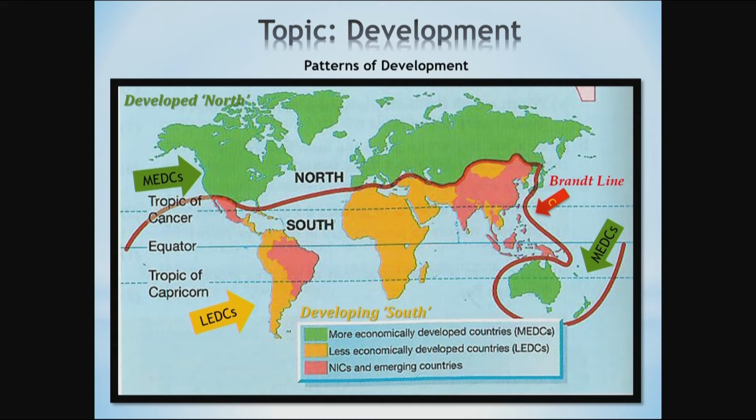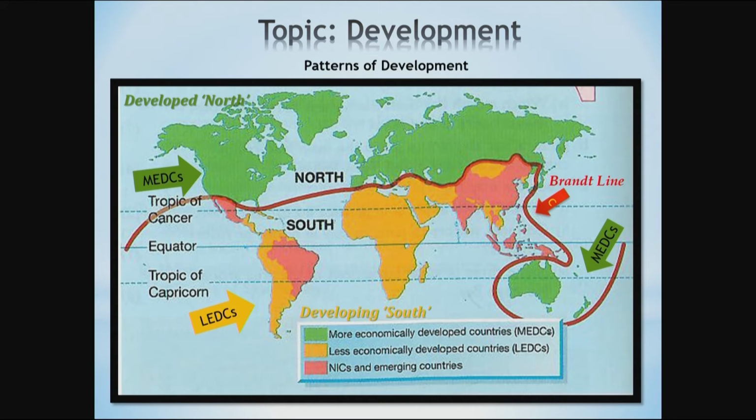Many countries in the poor South have become more developed since the 1980s, and so many people now think that the Brandt line is no longer useful. For example, some countries that are considered to be developing have experienced rapid growth, especially in manufacturing and tertiary industries in recent years. We call these countries the newly industrialized countries, or NICs.